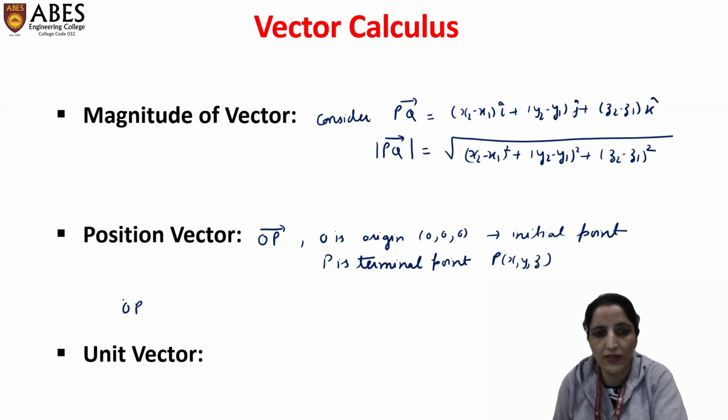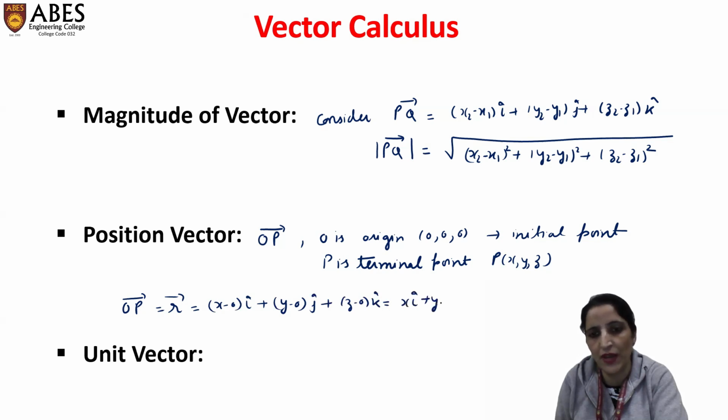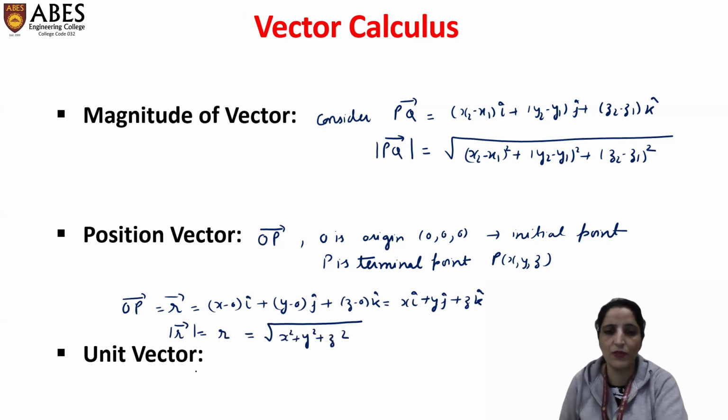Then OP vector is also denoted as R vector, and its value is (x minus 0) i plus (y minus 0) j plus (z minus 0) k, that is xi, yj and zk. And the magnitude of this position vector is always denoted by r, and its value is the square root of x square plus y square plus z square.